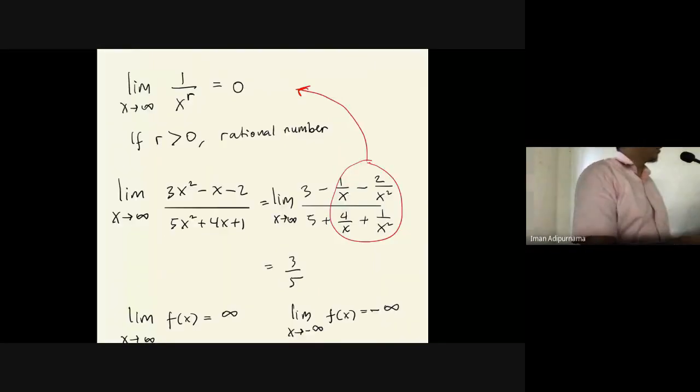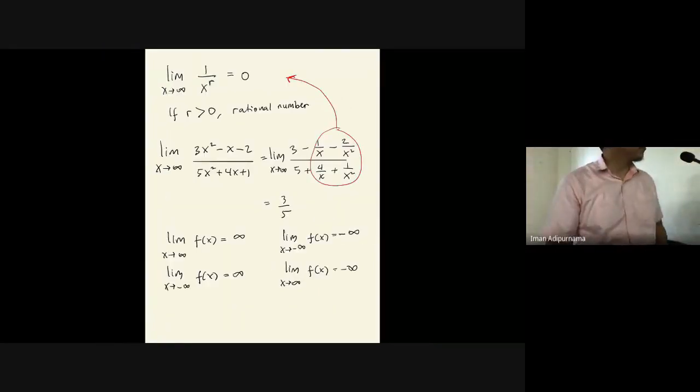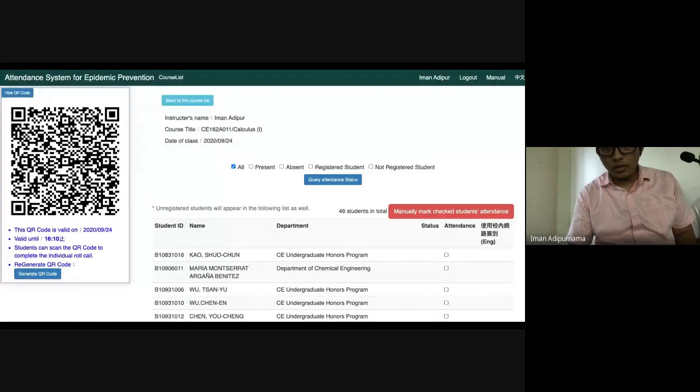Yes, Moodle, and video can also. Thank you. I will also ask the student. If you need the QR code, you can still scan.